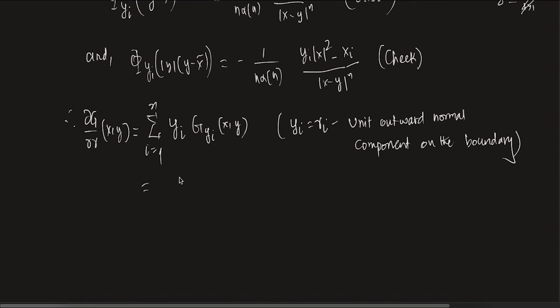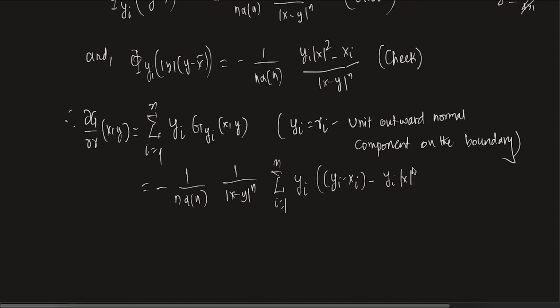Now, if this happens, you just put it there: minus 1 by n alpha n, times 1 by the modulus of x minus y to the power n, summation i equals 1 to n, of yi times (yi minus xi) minus (yi minus xi) times the modulus of x squared, plus xi.